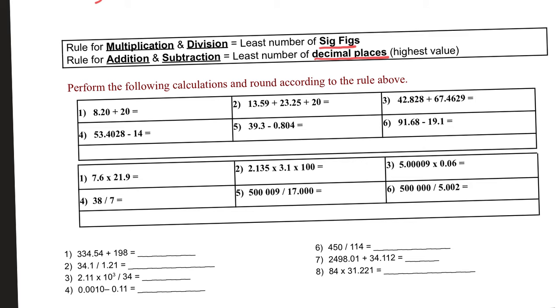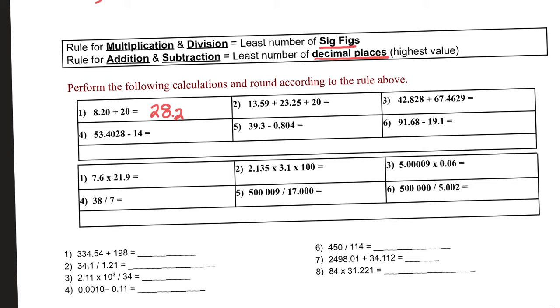we've got 8.20 plus 20. So the number I get in the calculator is, I'm going to write this down, 28.2 is what I get in the calculator. But I'm going to look to see which number I have that's significant.